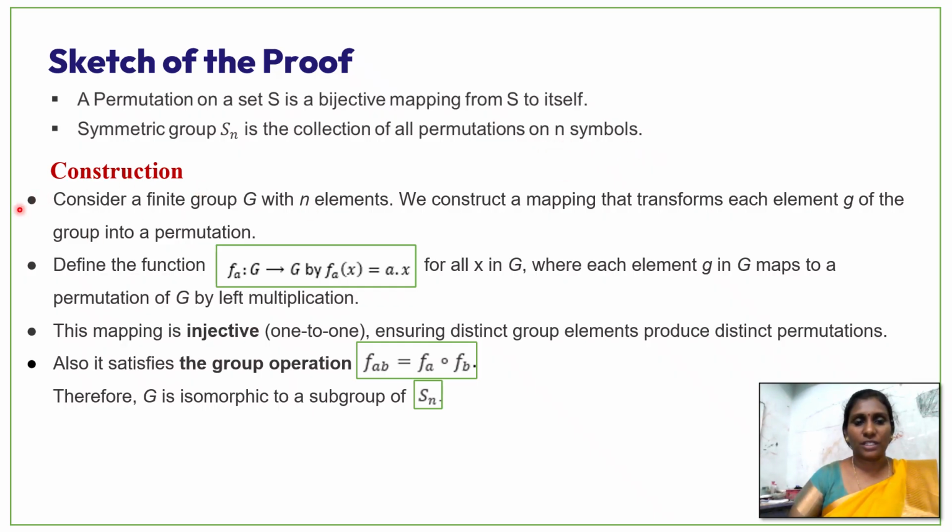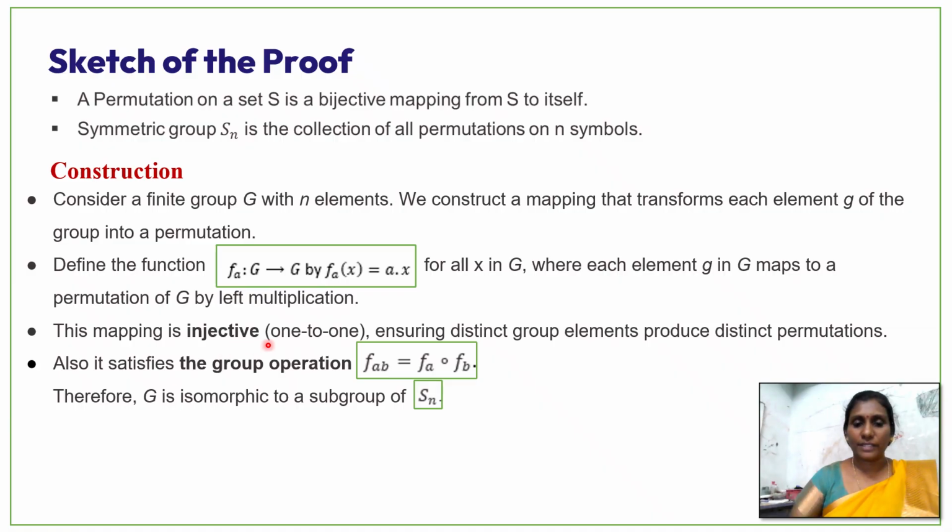Let's see the construction of the proof. Suppose G is a finite group with n elements. We construct a mapping that transforms each element of the group G into a permutation. We define the function fa from G to G by fa of x is equal to a dot x, where dot is the binary operation in the group G, for all x belongs to G, where a in G maps to a permutation of G by left multiplication.